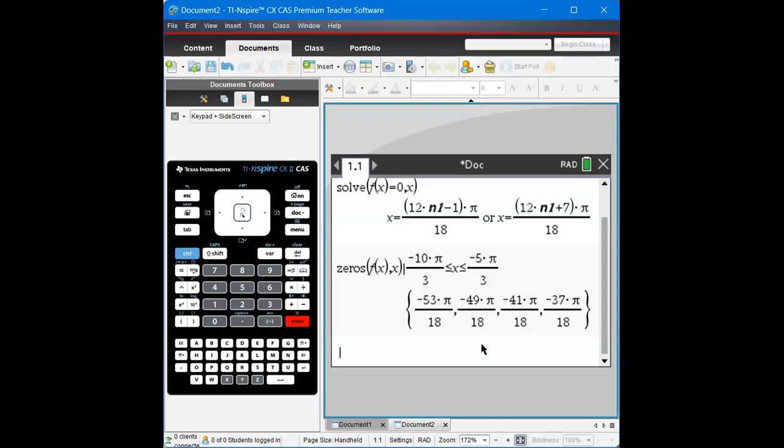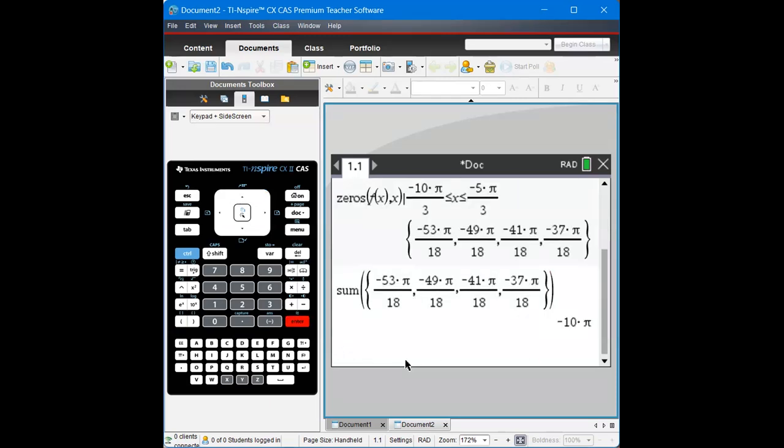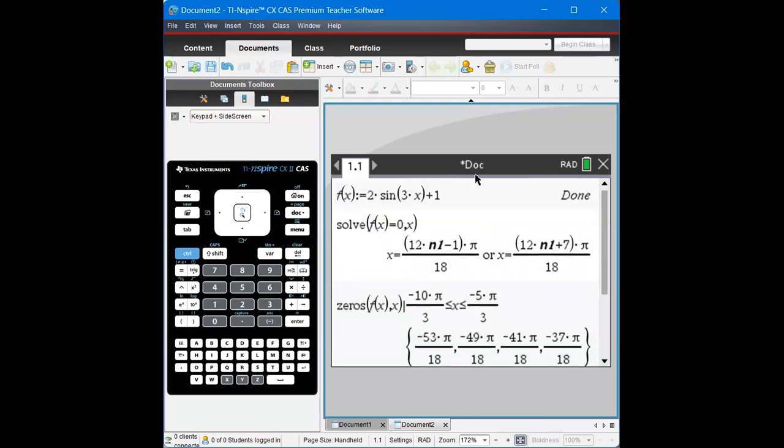The advantage of this command is that you can get all the solutions, or the zeros, in one curly bracket, which is a list. Then the question wants you to sum up all these solutions. Basically, I'm going to type sum and drag this down. You get -10 pi, okay?